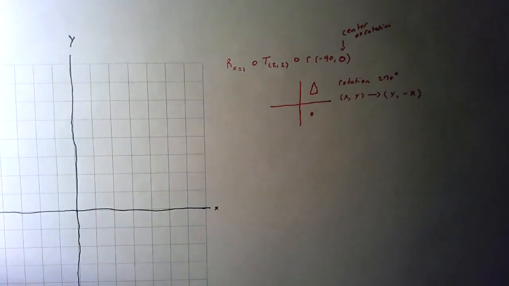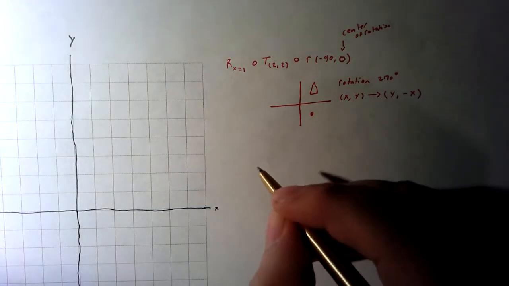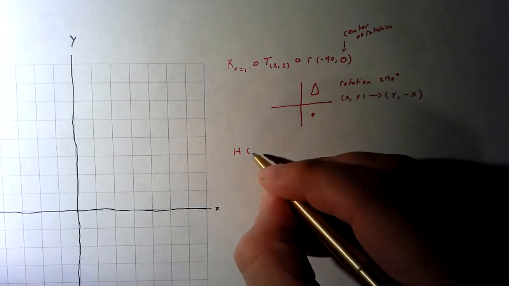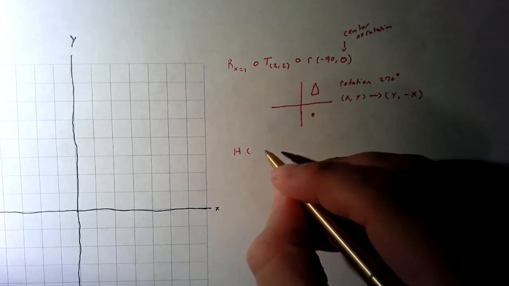Now we're going to apply our transformations to the points, and I have them written over here. H is 2, 2.